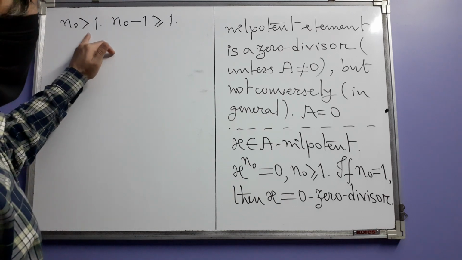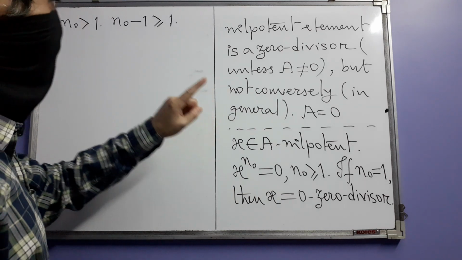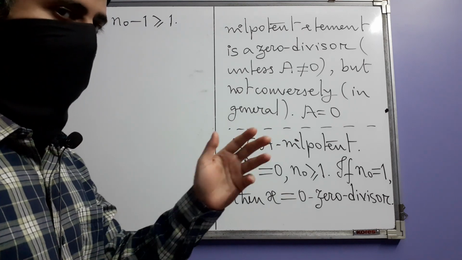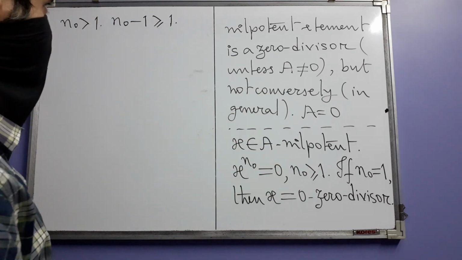In this case, the smallest value n naught can take is 2. Even then n naught minus 1 will be equal to 1. Otherwise, it will be even larger.